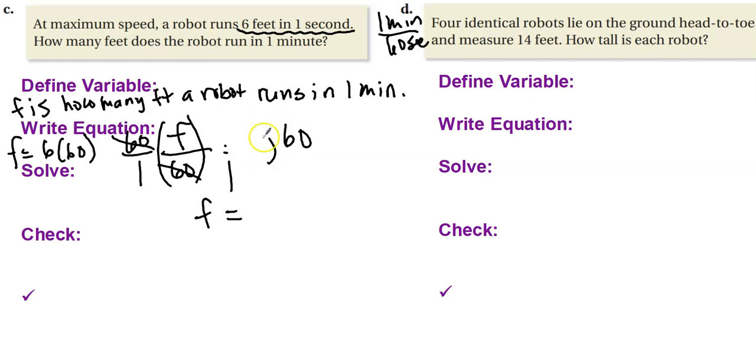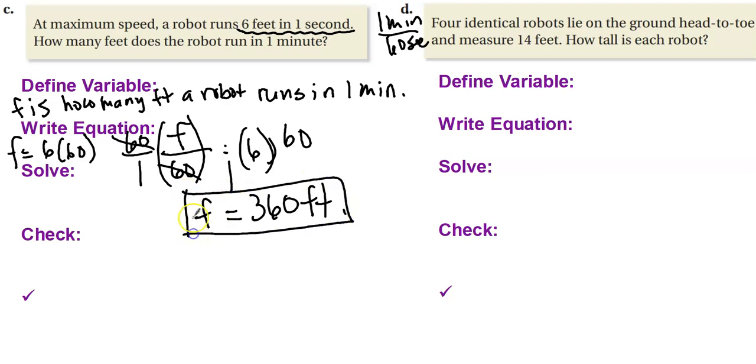It's just a 6. 6 times 60 is 360. And then remember, it is feet. Okay. So it totally makes sense. If it runs 6 feet in 1 second, you multiply it by 60 and you get 360 feet.